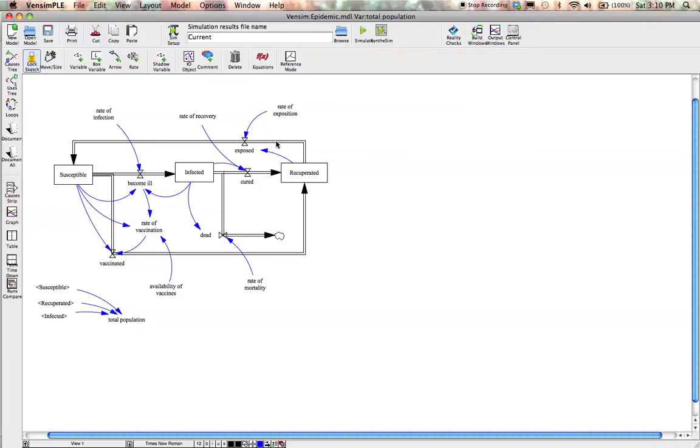Let me walk you through what's been included in this model so you can take a look at it. Let's look at the susceptible population. There are a couple of ways that the susceptibles can go. Susceptibles can get vaccinated, and if they become vaccinated, then they're automatically recovered, so they won't become ill.